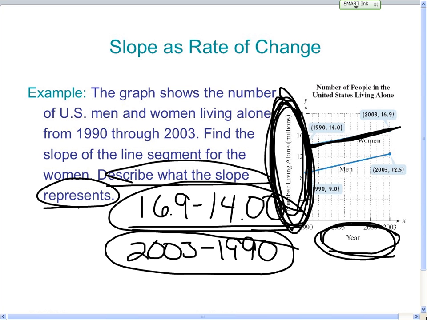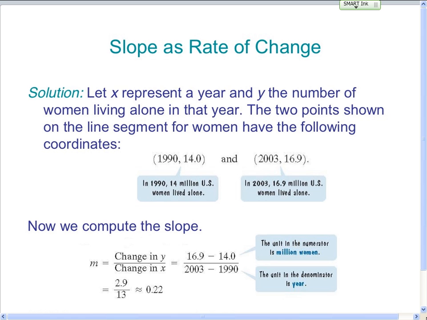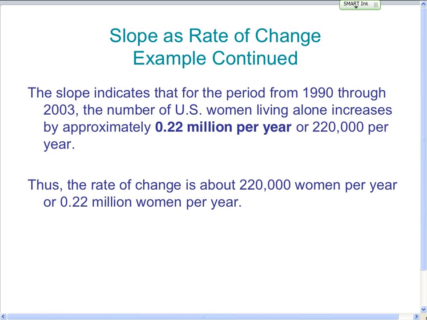And it's always going to be time on the bottom. So if you were to calculate the slope, this is one of the few instances where I would want a decimal. So it would be 0.22, and figure out what it actually means. 0.22 per year. Okay, this is in millions, so you'd multiply this by a million, and you would get 220,000 per year.